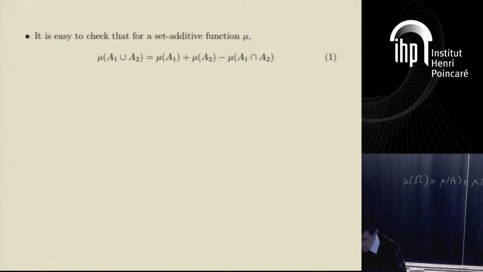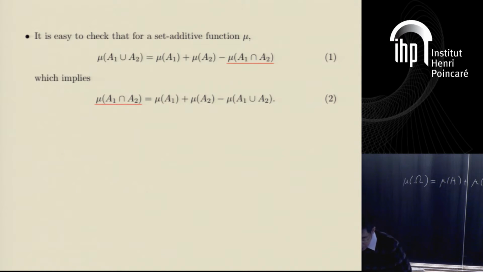Now we are also talking about something very elementary, and I have a puzzle. I've been very puzzled by the following observation, so if you know the answer, please let me know. We all know this identity for a set additive function: mu of A1 union A2 is equal to mu A1 plus mu A2 minus mu of A1 intersect A2.